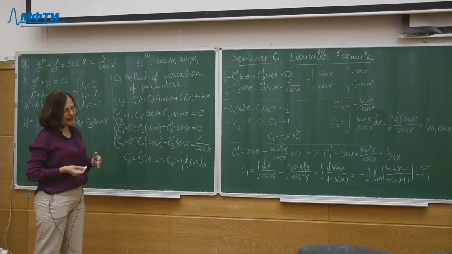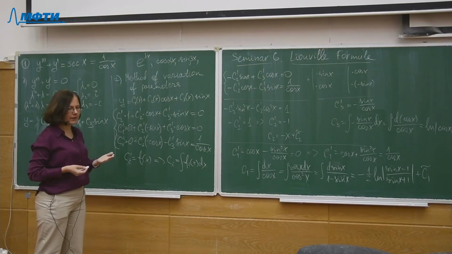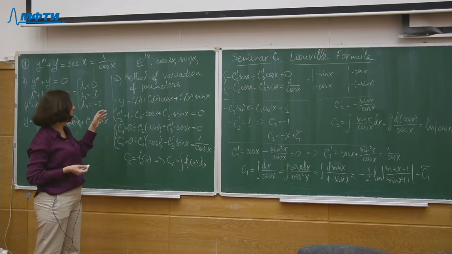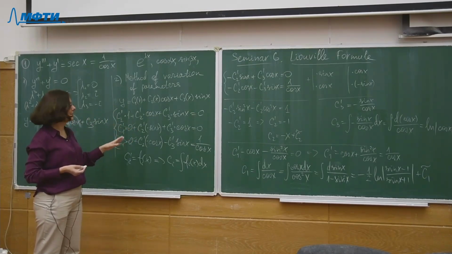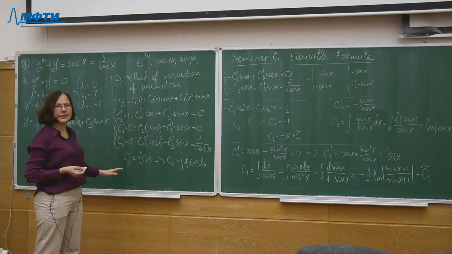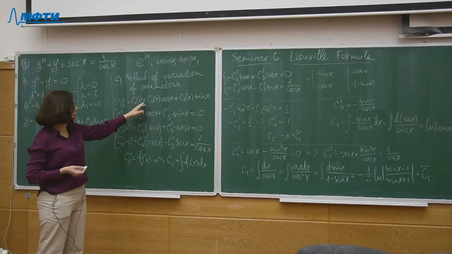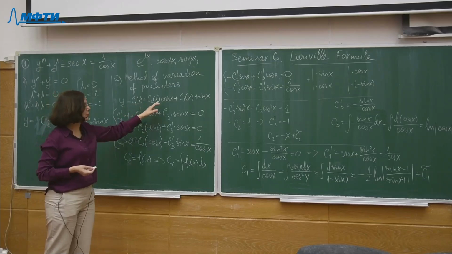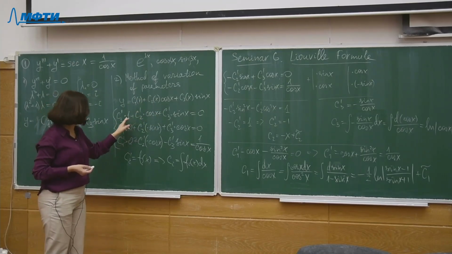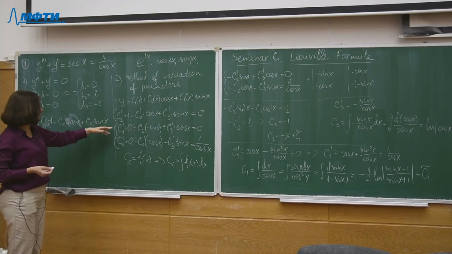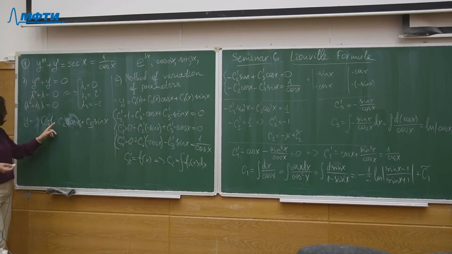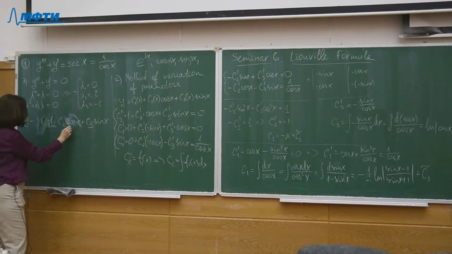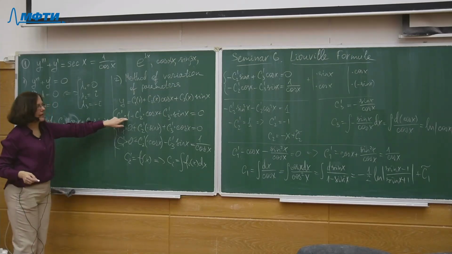It was explained in spring last year, so I don't want to repeat it. Maybe this is the rule and you should memorize it. So how do we obtain this linear system? We take the derivatives of the functions C1, C2, and C3 and multiply them, step by step, first by the functions 1, cos x, and sin x, and equate to 0.